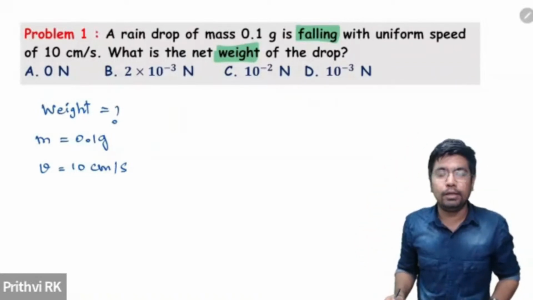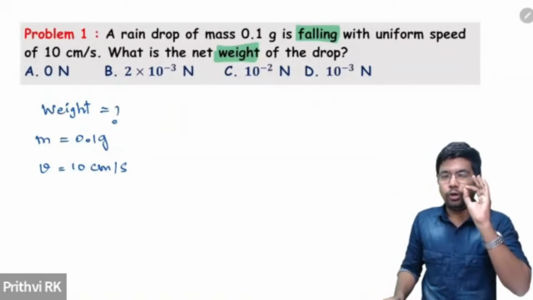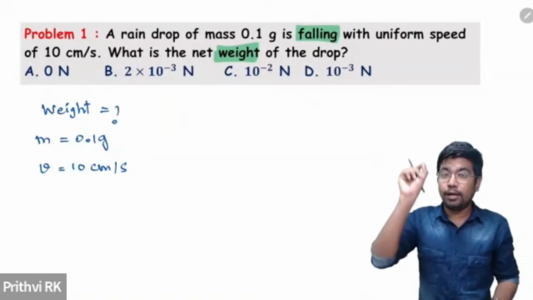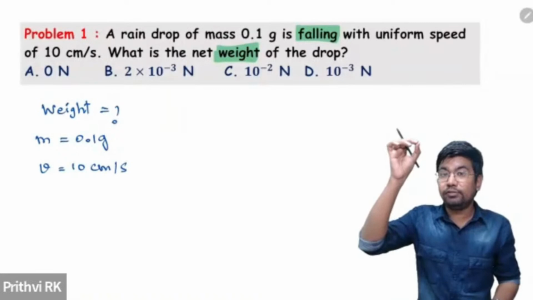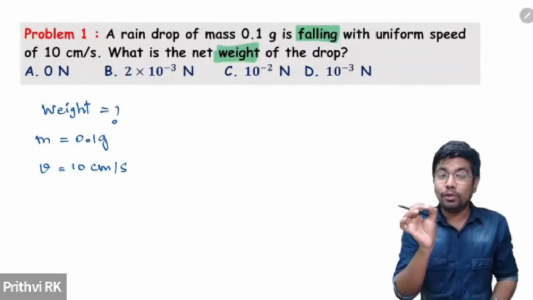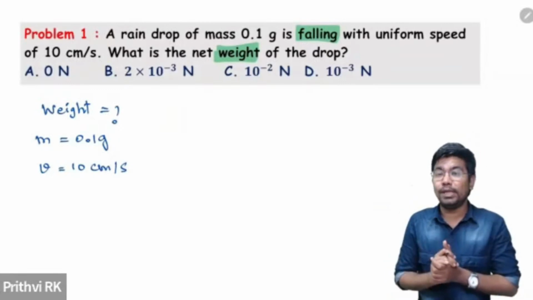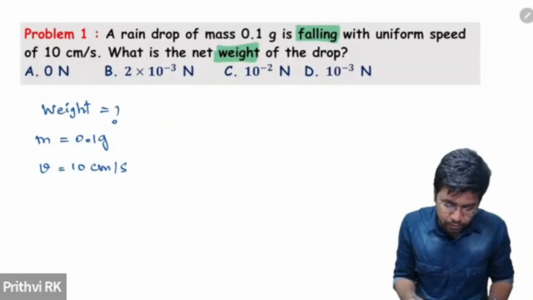You don't need to calculate, you don't need any formulas. You have to look for words in a question: an object is falling, an object is dropped, an object is falling under gravity. If you see these words and they are asking you to find the weight, that means definitely the answer is zero.